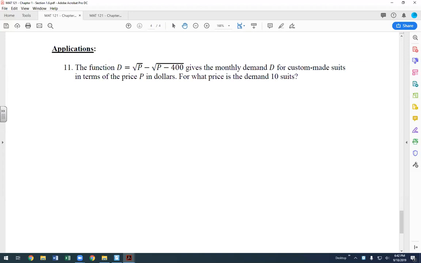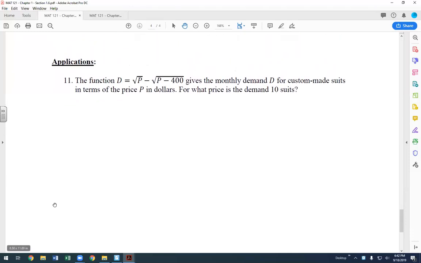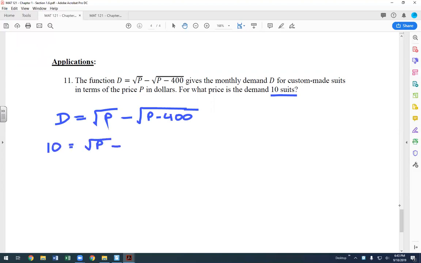Okay, do I have enough space to do this here? So they're telling us what is the price when your demand is 10 suits. So in our equation, if this is 10, I have square root of p minus square root of p minus 400.